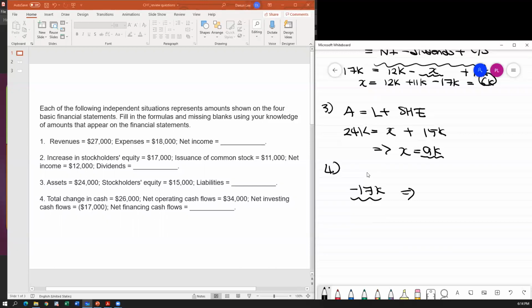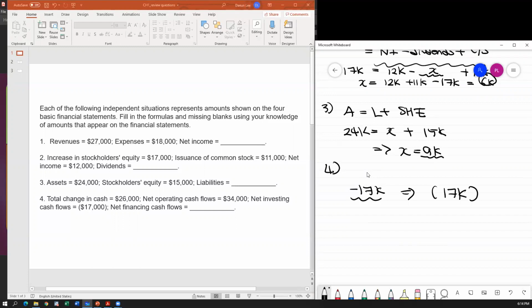But in accounting, we actually use parentheses to indicate that a number is negative. This is something the accounting field has agreed upon, so let's just use the parentheses to indicate negatives, okay?